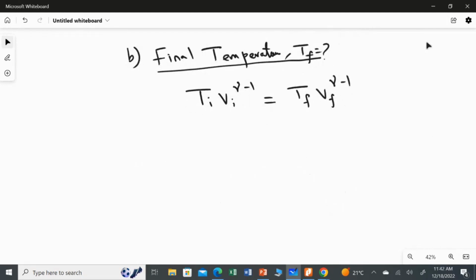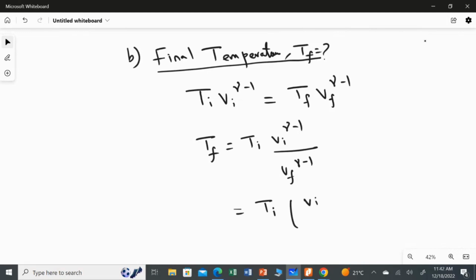So I have to rearrange this equation in terms of Tf. Therefore, Tf equals Ti Vi to the gamma minus 1 over Vf to the gamma minus 1. If you rewrite this equation, it is Ti multiplied by Vi over Vf, the whole power gamma minus 1.